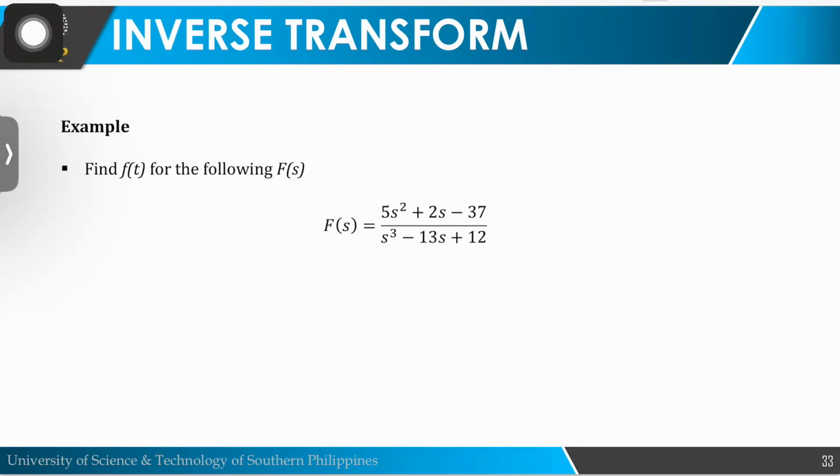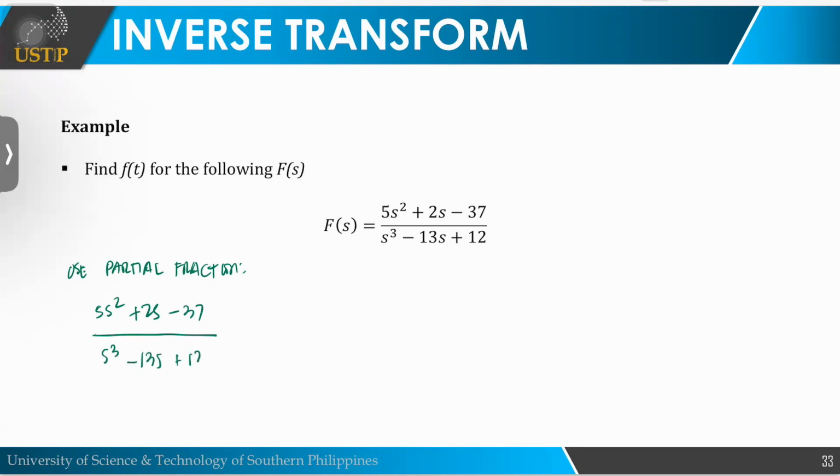So for your denominator, we look for its factors. I won't do it step by step so we don't go back and forth, but the factoring solution is yours to work out. So, we use partial fraction. Okay, so we have 5s squared plus 2s minus 37 over s cubed minus 13s plus 12. Don't worry about the numerator.